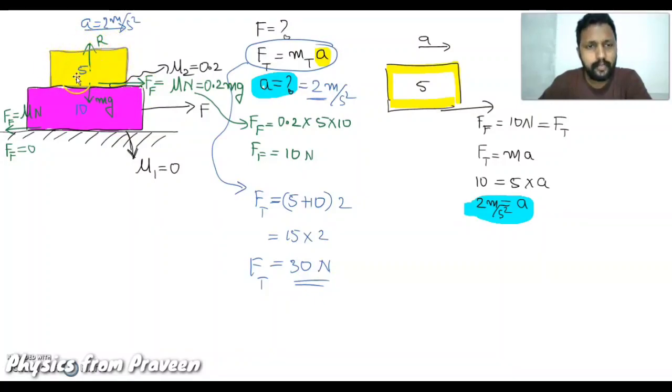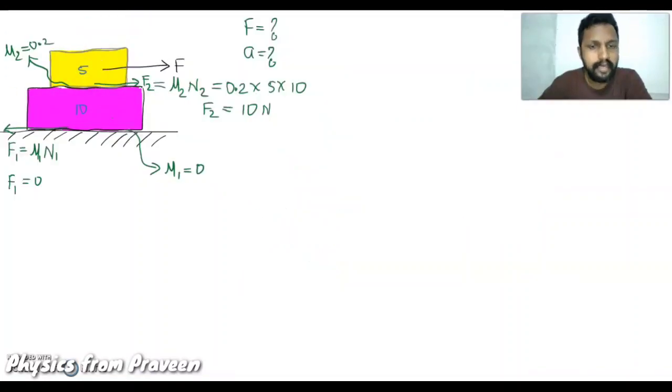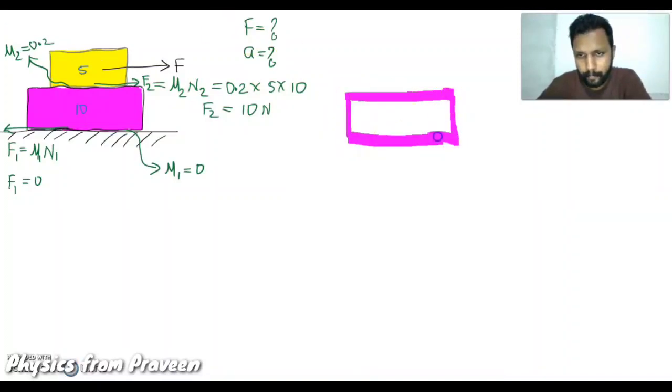In the earlier situation, the 5 kilogram was the block where we were not applying the force. But in our current situation, the 10 kilogram block is the block where we are not applying force. Therefore, let us draw the 10 kilogram block over here.